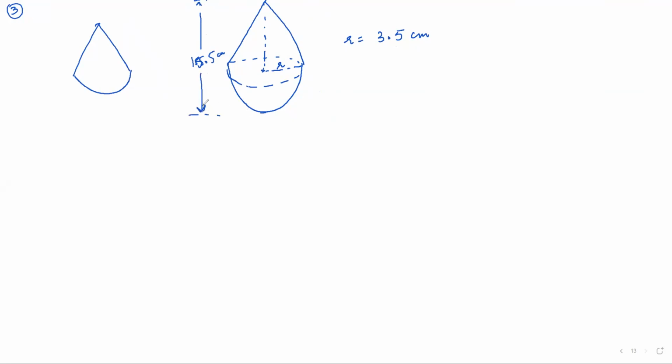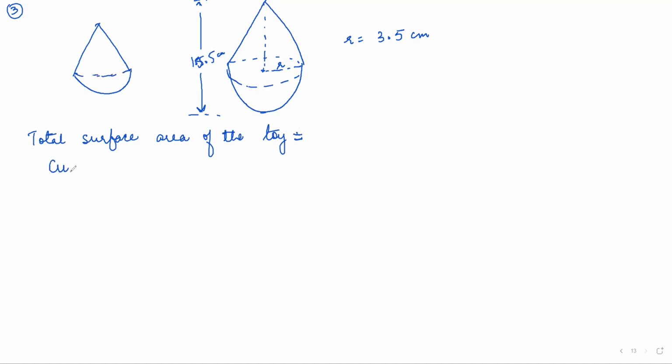Find the total surface area of the toy. So what will be the total surface area of the toy? First of all, write down what it will be. So that means, see, only the curved part of the cone, not the total surface area of the cone.